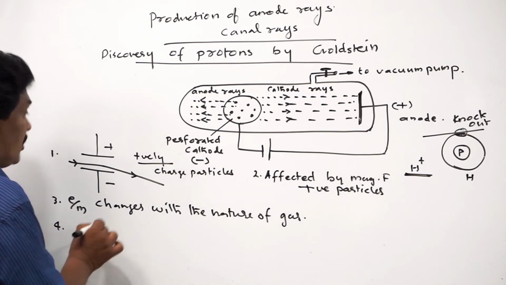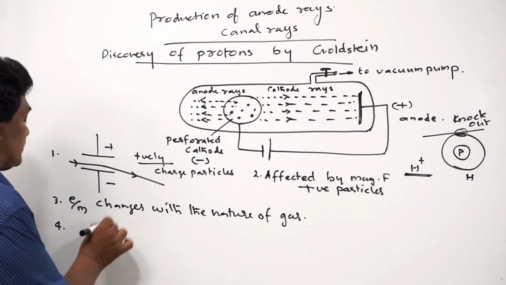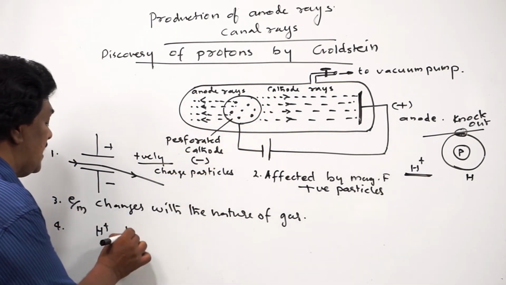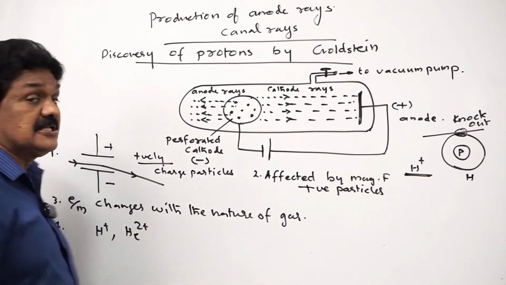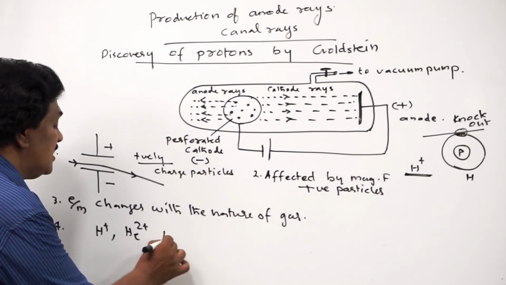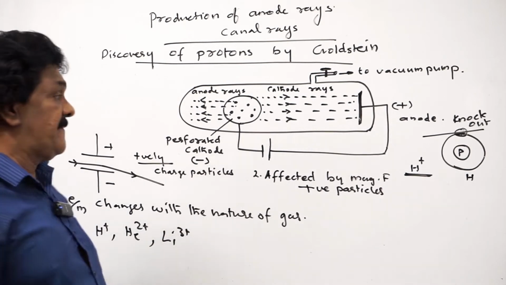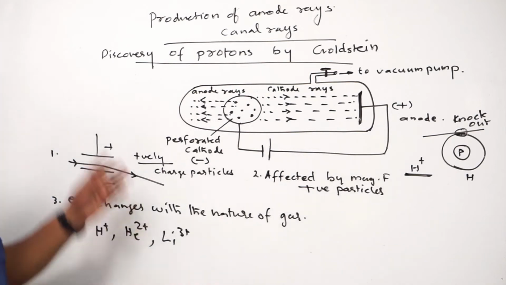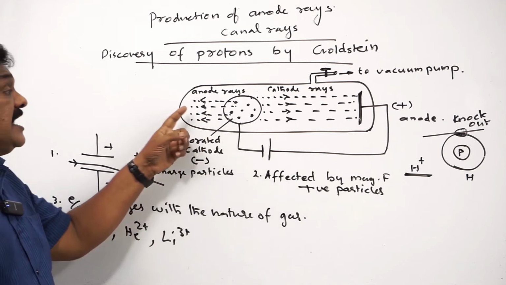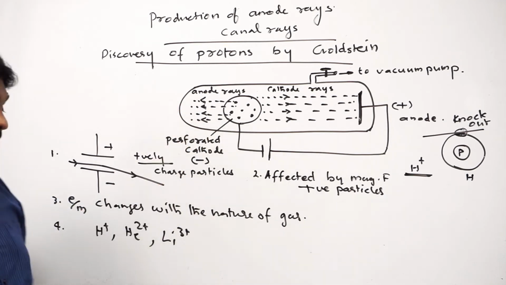For example, if hydrogen gas is used, H+ ions are produced with one positive charge. If helium gas is used in the discharge tube, He2+ ions are produced with a 2 unit positive charge. If lithium gas is used, Li3+ ions with 3 unit positive charge are produced. If hydrogen gas is filled in the discharge tube, only H+ ions are produced. They are called protons.